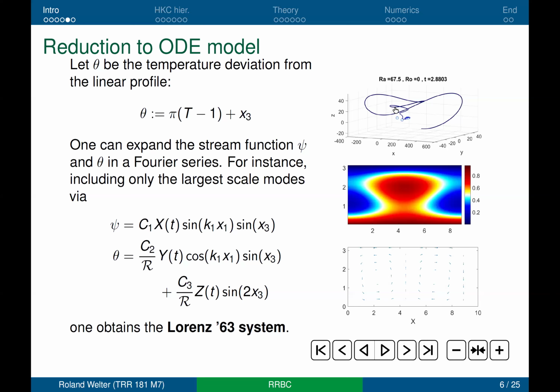This is the behavior you would expect of the full PDE captured by this reduced system, at least for low Rayleigh number, low thermal forcing.